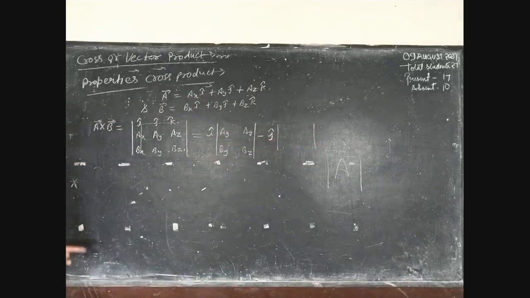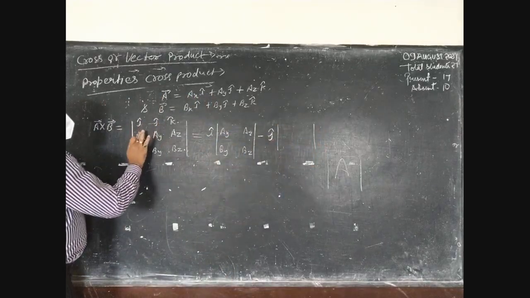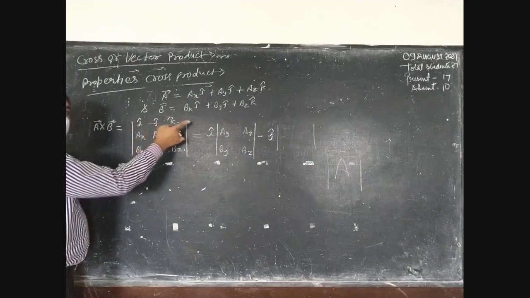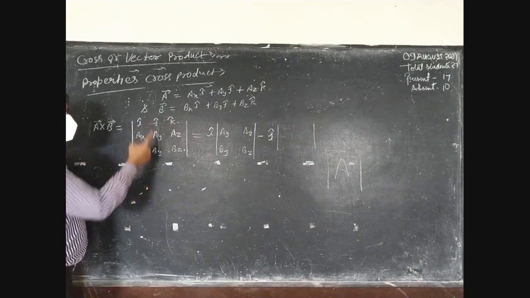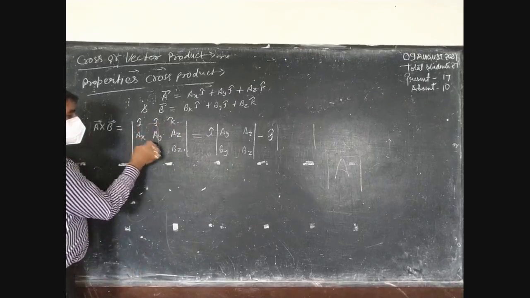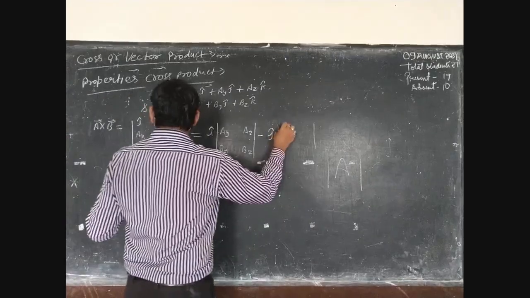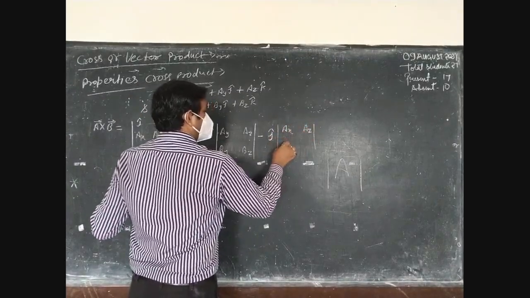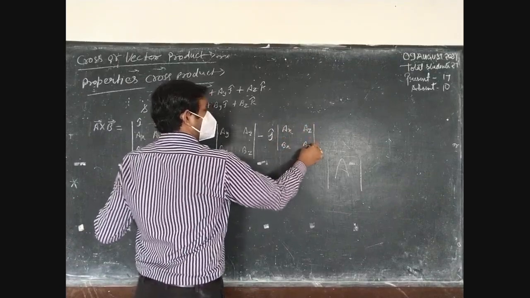Okay, and now this row of unit vector and column of j cap is eliminated, and use the two values ax, az, bx, bz.